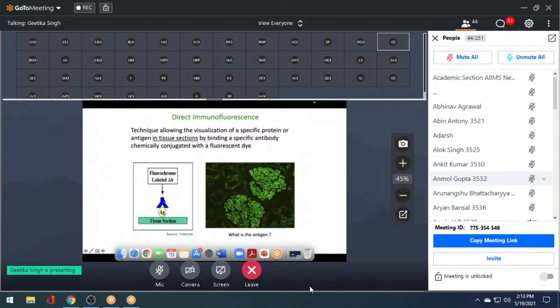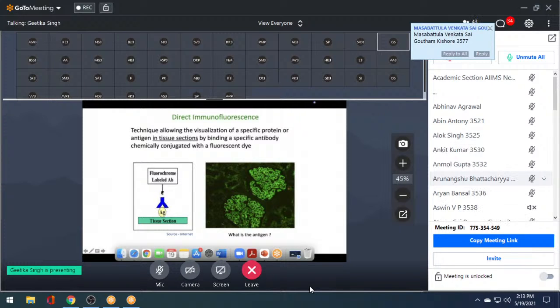So I will use an anti-human immunoglobulin. I could say that this immunoglobulin could be an anti-IgG, anti-IgA, and that would be labeled with a fluorochrome. The fluorochrome that is most commonly used is FITC, which is fluorescein isothiocyanate, and this is what gives it a green color.